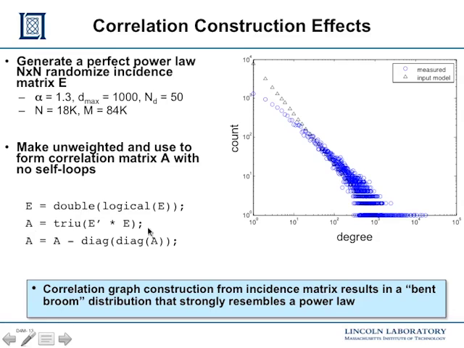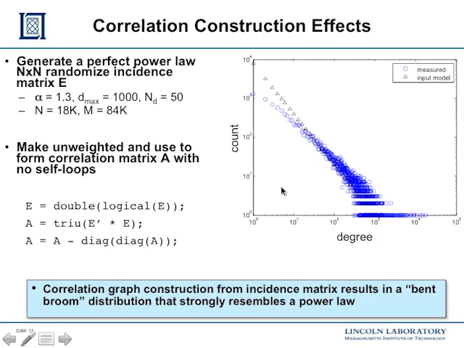We're converting it to all unweighted, all zeros and ones, and then correlating it with itself to construct the adjacency matrix, taking the upper diagonal, and then removing the diagonal, and this is the result of what we see. So here's our input model, again the triangles, and this is the measured result that we get out.